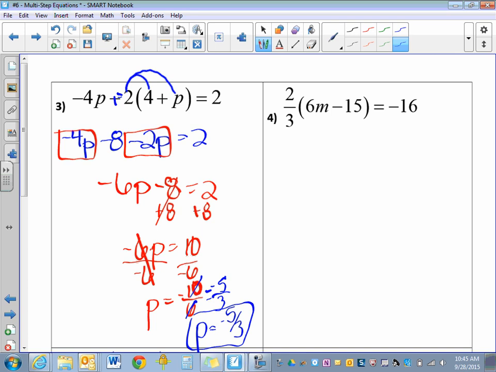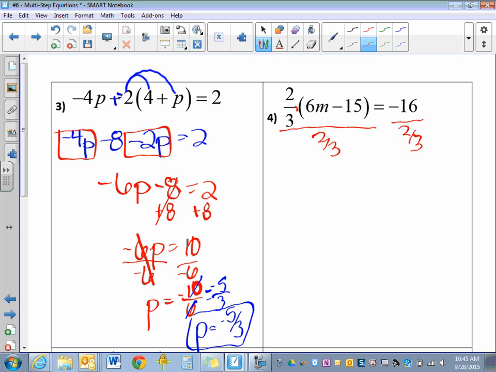Okay. Let's take a look at number 4. Again, we're dealing with fractions, so sometimes it's easier to distribute it, sometimes it's easier to go ahead and get rid of it. Does anyone remember? So we're currently multiplying right here, right? What is the inverse operation, or the opposite of multiplying? Dividing. So technically, we would divide by 2/3, but that looks pretty ugly, right?